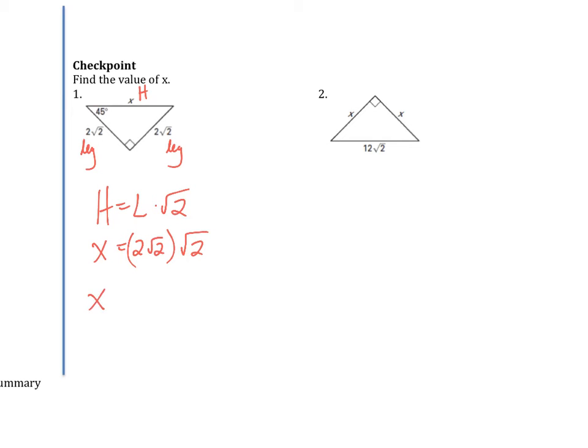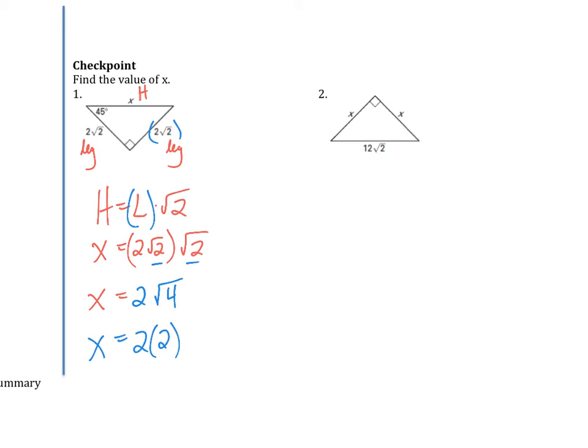so we end up with x equals 2 square root of 2 times square root of 2, because we put in, for the leg, the 2 square root of 2. So square root of 2 times square root of 2 is the square root of 4. Right? And the square root of 4, we all know, is 2.